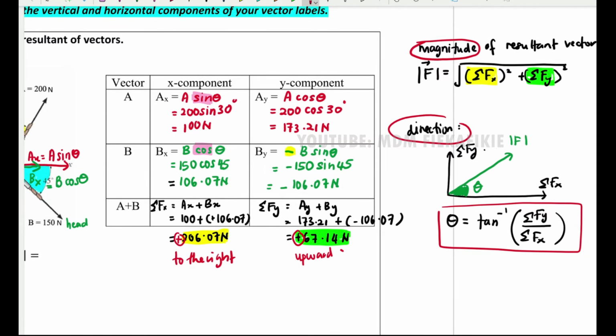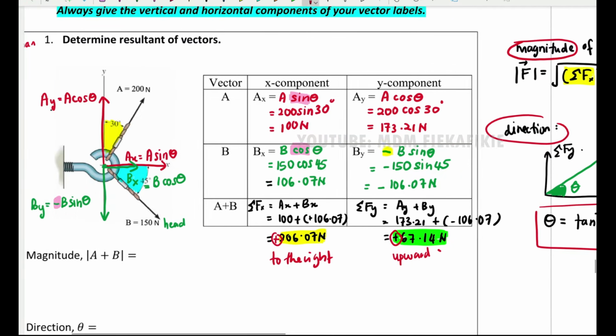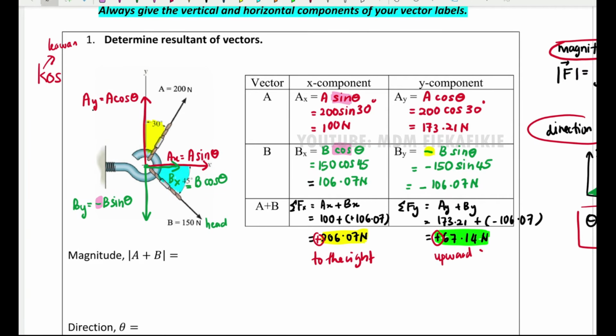Boleh? Okay. Jadi kalau kat sini kita pun kira lah magnitude dia tadi. Kita nak kira magnitude dia, which is the total force resultant, is equal to square root total force in x component squared plus total force in y component squared. So, kita dah kira kan total force dia tadi, so kita masukkan dalam equation.